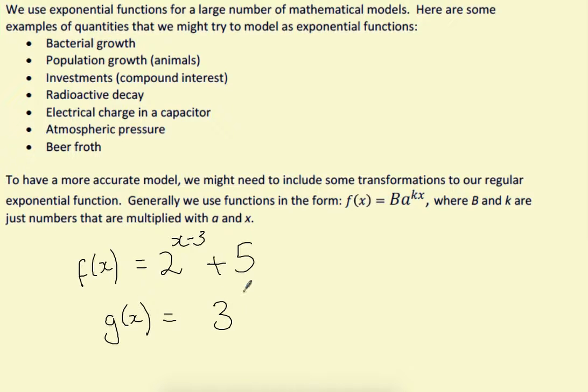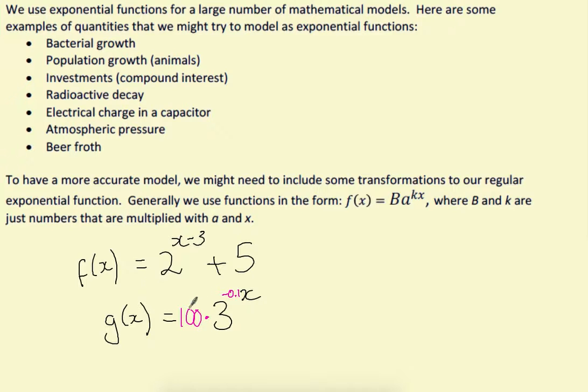When we multiply, let's have some examples. Let's say we start with 3 to the power of x. Let's put some multipliers in different colours. I could multiply it by 100, for example, and I could multiply the power by negative 0.1. What this is going to do is cause the function to stretch.